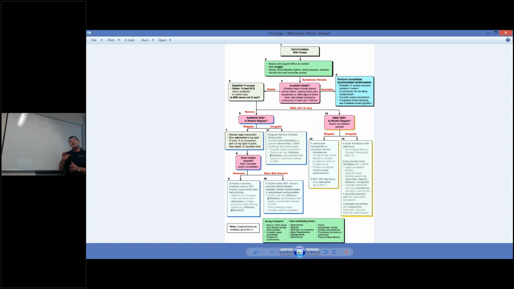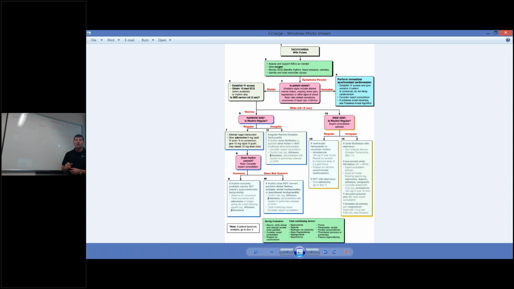Now, if my patient does not respond to my stable treatments, or if they become unstable, now what do I use? Obviously, I've got to be fast, so I've got to use electricity. Of the 3 forms of electricity, I'm going to use cardioversion. I'm going to immediately do stacked shocks and cardiovert my patient until they convert to another rhythm.